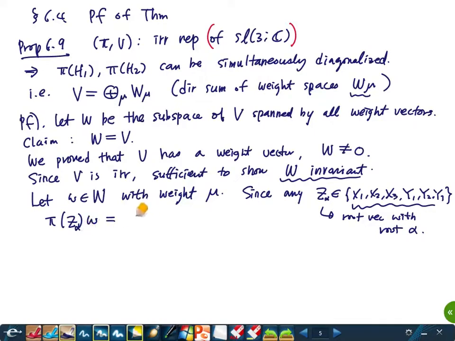Then this is either 0 or another root vector with weight mu plus alpha. That means if you apply any basis element, it will be 0 or another element which is a root weight. That means this is always in W. So it is invariant. That's the proof of the claim. Is this okay?